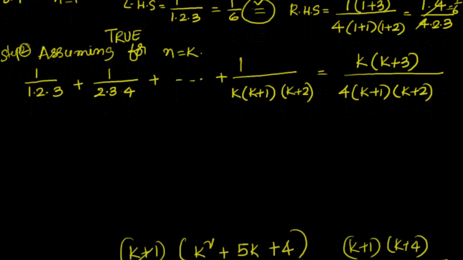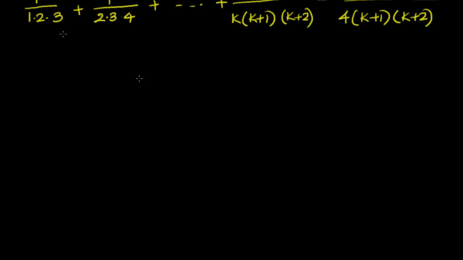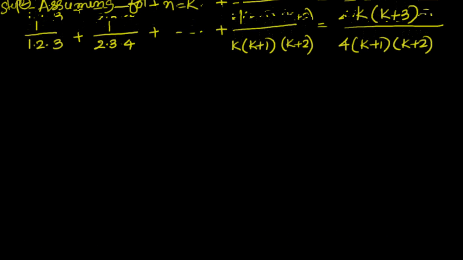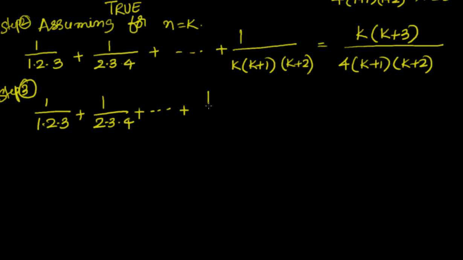Now based on this we have to prove that it's true for n equal to k plus 1. So let us see how it looks. If I go for k plus 1 terms, it looks like 1 by 1 into 2 into 3 plus 1 by 2 into 3 into 4. Then I'll have the kth term, because k plus 1 comes after the kth term, that is 1 by k into k plus 1 into k plus 2.